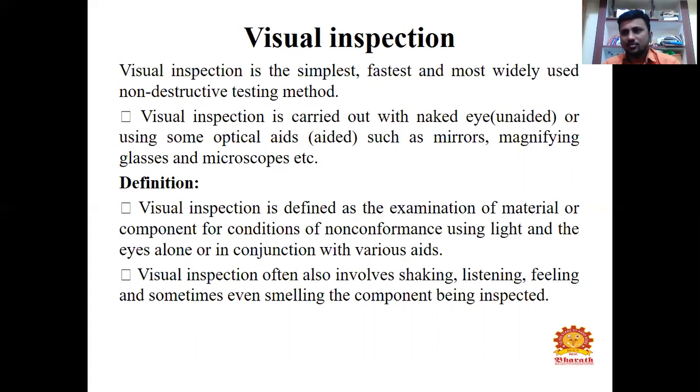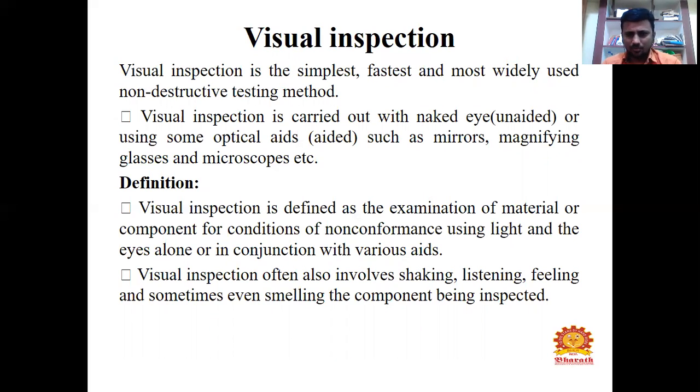We've seen many inspection methods on the last slide, but some are difficult. Visual inspection is a basic method, very easy and the fastest. The visual inspection method is carried out with the naked eye, unaided, or using some optical aids.